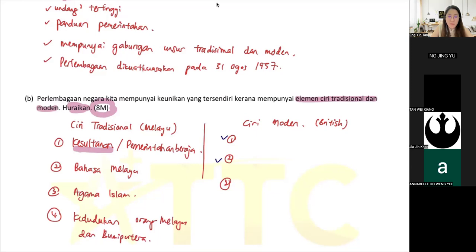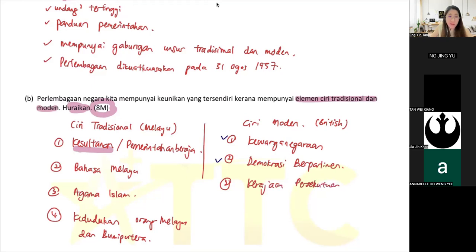Okay? Now, how about ciri modern? Ciri modern is brought by British. So for me, I will remember kewarganegaraan, citizenship. Correct? What else? Okay, democracy. One more is what? I forgot already. Demokrasi berparlimen. Oh yeah, Kerajaan Persekutuan. Thank you so much, my dear.